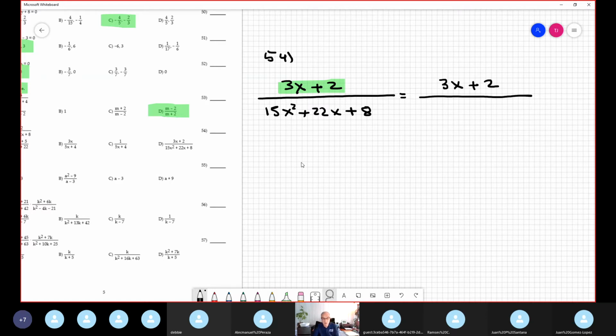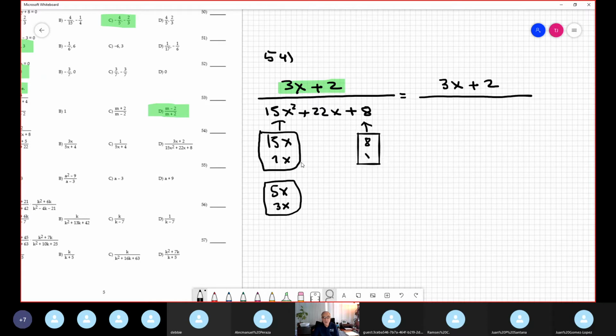No good for grouping. So let's try trial and error. 15x and 1x is one combination for this. 5x and 3x is another combination. We have two combinations. For the last term, it's 8 and 1, and 2 and 4, or 4 and 2. I like to put the bigger one first. So I try this combination.